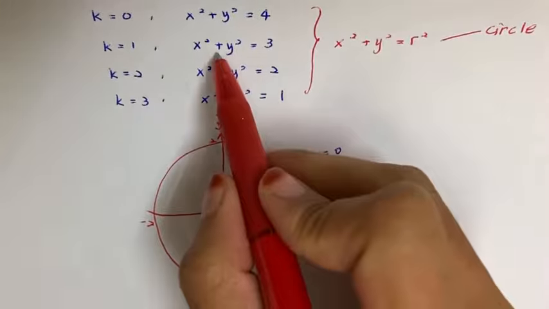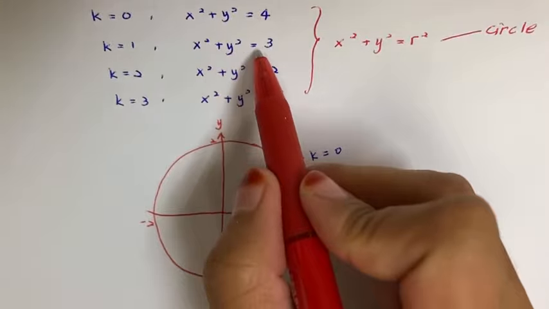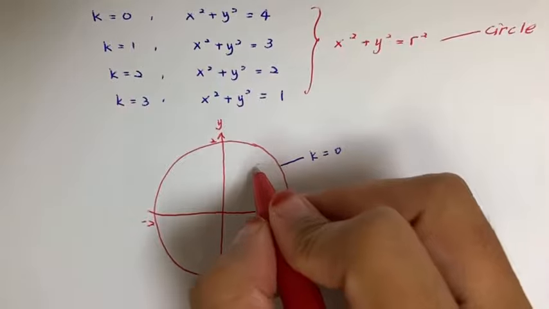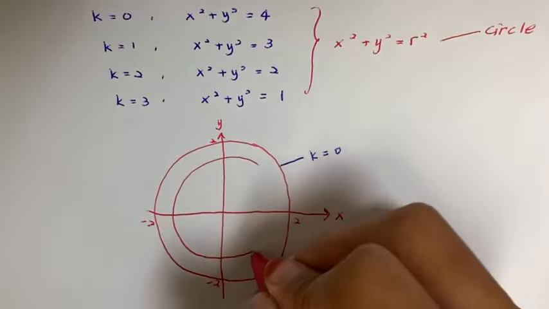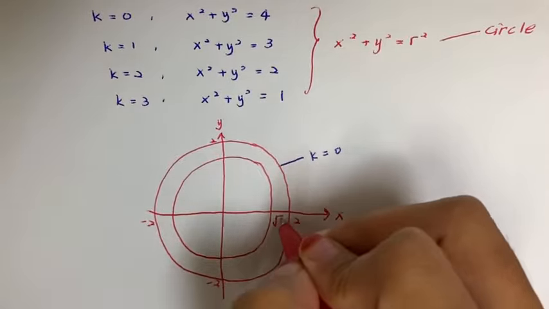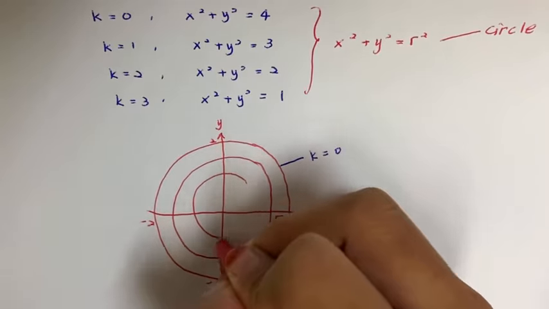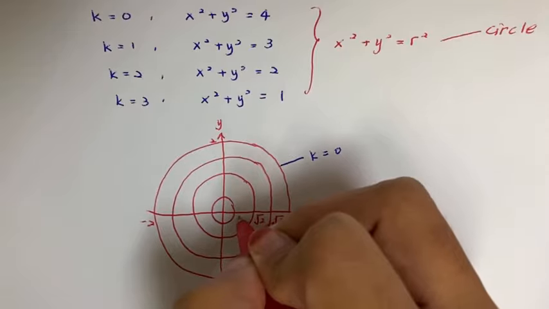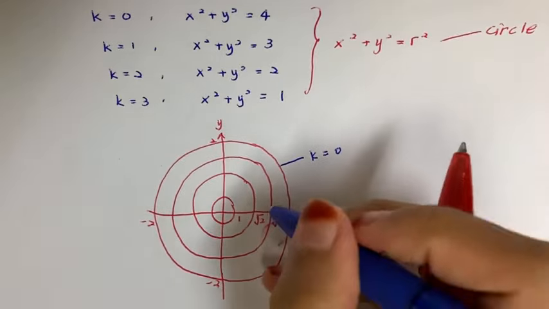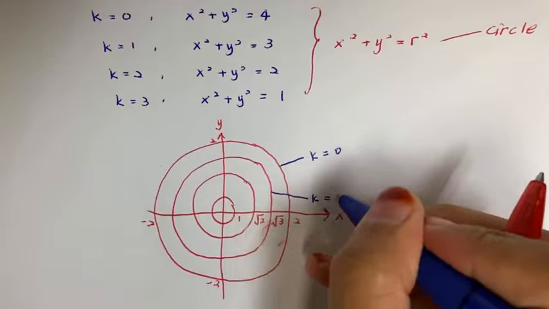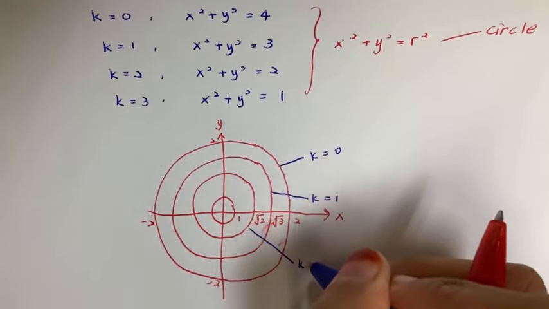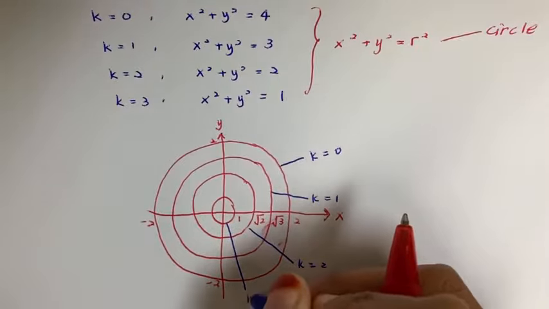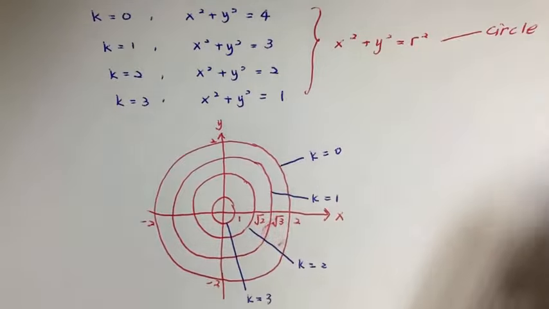Next for k equal to 1, your radius is square root 3. So just sketching, okay. This is square root 3. And then you have square root of 2 here, and this is square root of 1, which is equal to 1. So this is the level curve for k equal to 1, this one for k equal to 2, and the innermost one is for k equal to 3.